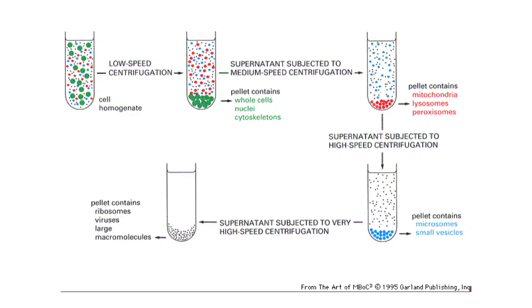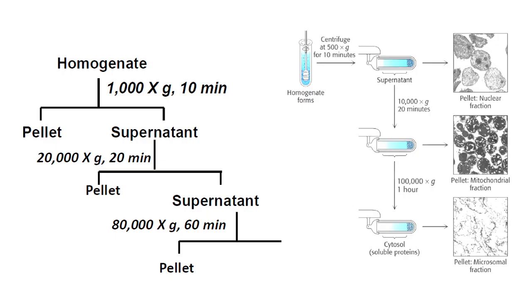That is how it is generally done, because otherwise unnecessary things will come up in the pellet, which might not be helpful when you are doing an experiment or extracting a particular cell organelle. So that's the general idea. You spin it, and you get different components at the different speeds at which you are centrifuging.